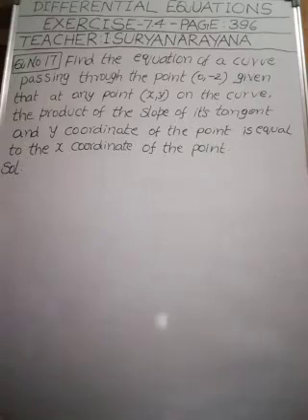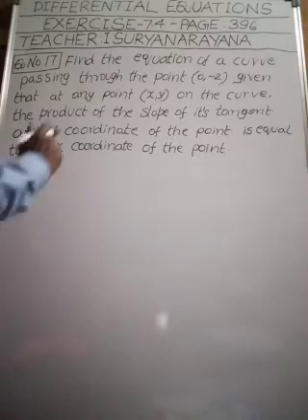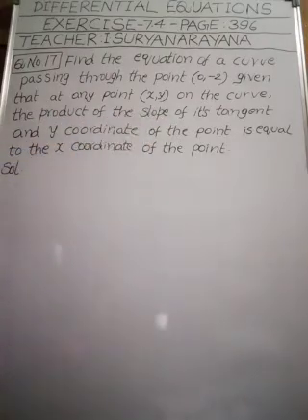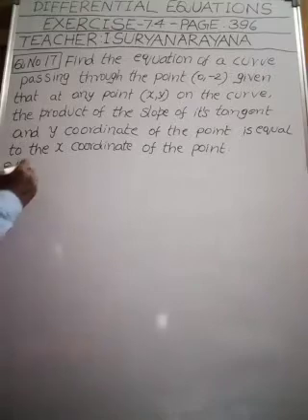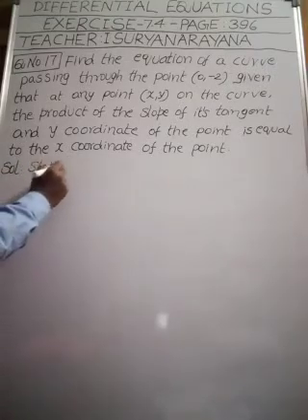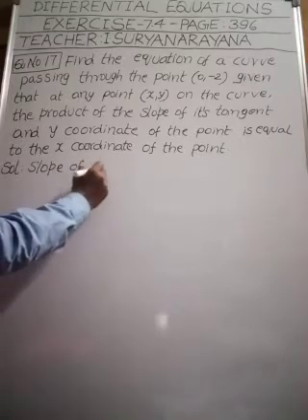Understood this question, my children? Right. Here we have to write the differential equation first for the given data. What is given? The product of the slope of its tangent. Okay, my children. So come to the solution part. Slope of the tangent.